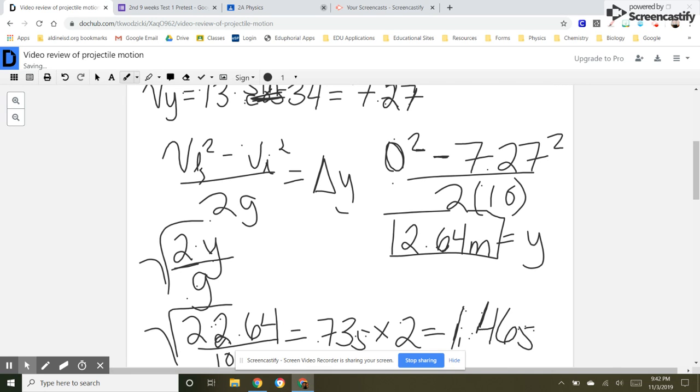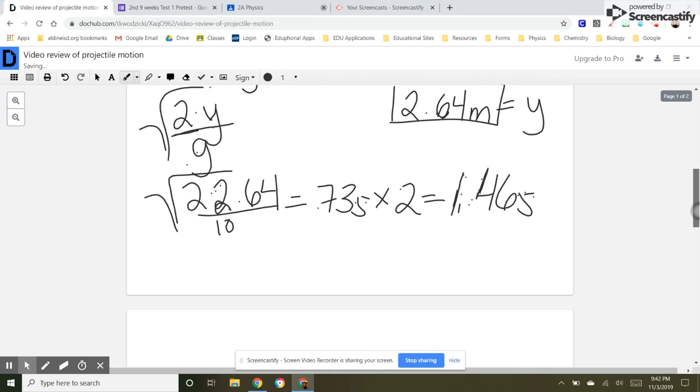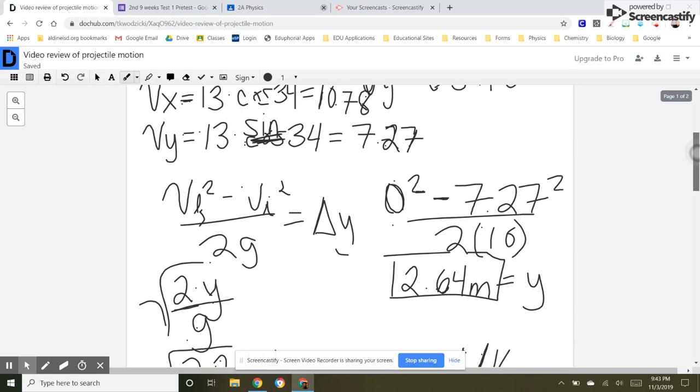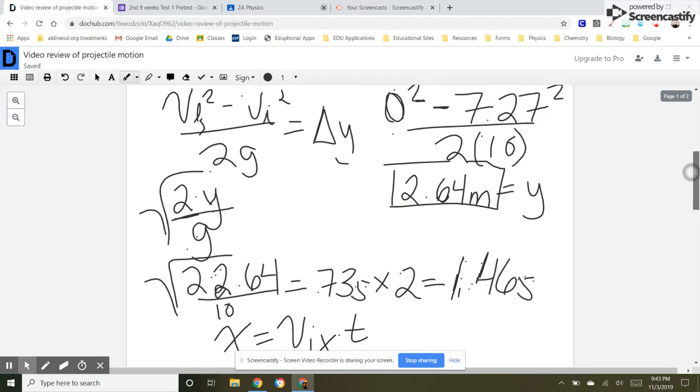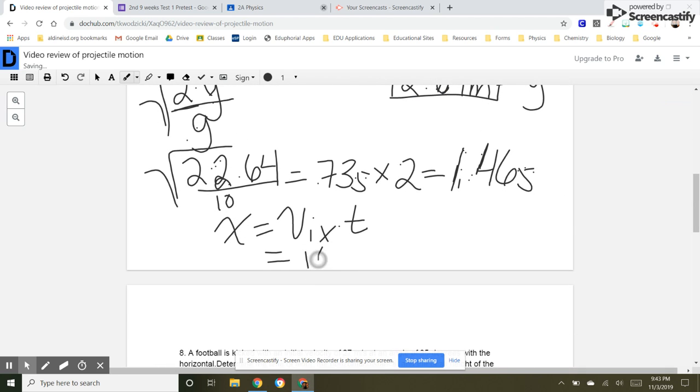And from that, I can find the range by using our simple range formula. X equals VIX times T. We found our VIX to be 10.78 times the time, 1.46 seconds.